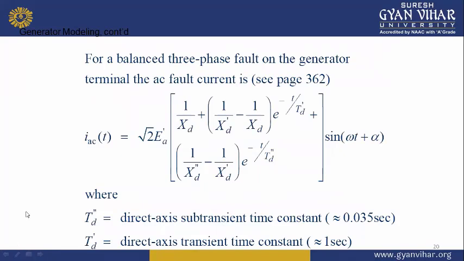Now consider a sudden short circuit, a three-phase fault on a synchronous generator which is initially operating under open circuit conditions, and the machine undergoes a transient in all the three phases, finally ending up in the steady state conditions.